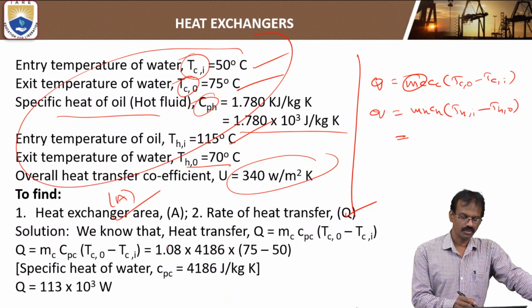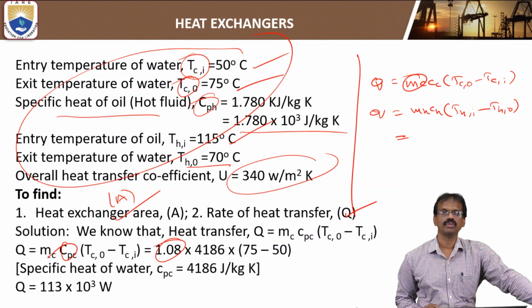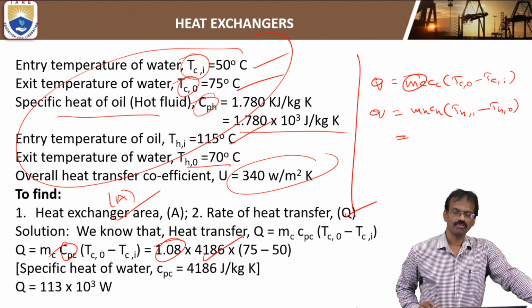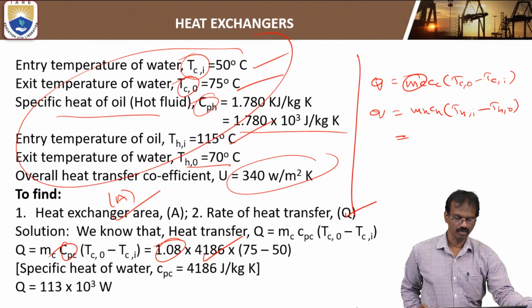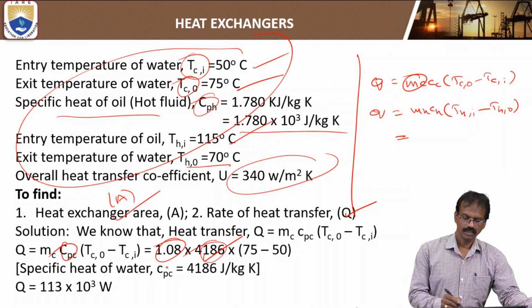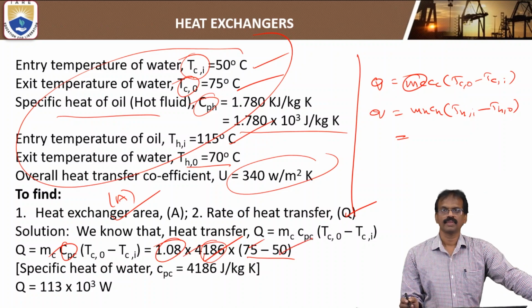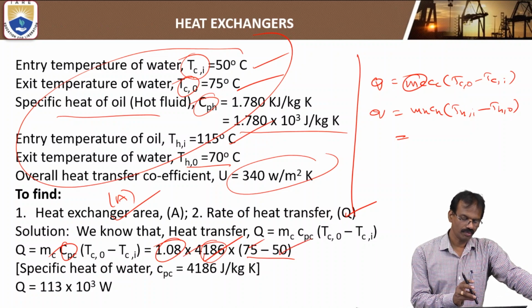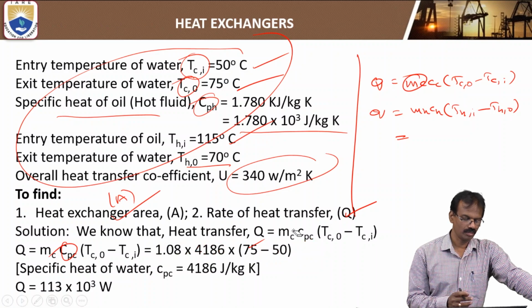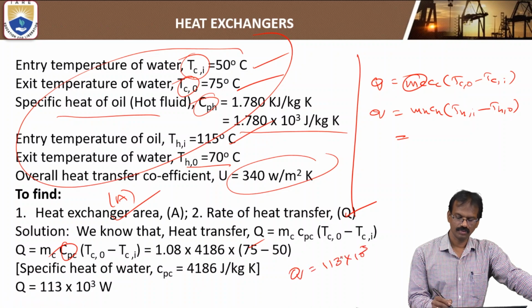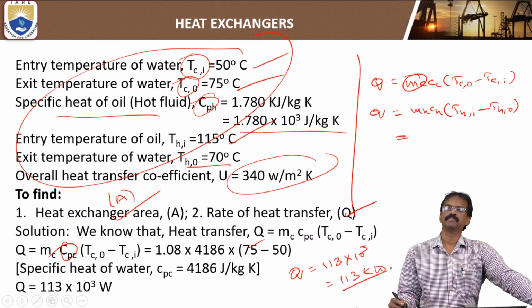So 1.08 mass flow rate. Specific heat of the water, we know that 4186 joule per kg Kelvin. This is the standard value. We have to remember this one. 4186. Then temperature TC0 is equal to 75, TCI is equal to 50. So if you substitute these values in this formula, we will get the rate of heat transfer Q. So Q is equal to 113 into 10 cube. It means 113 kilowatts. This is the Q value.